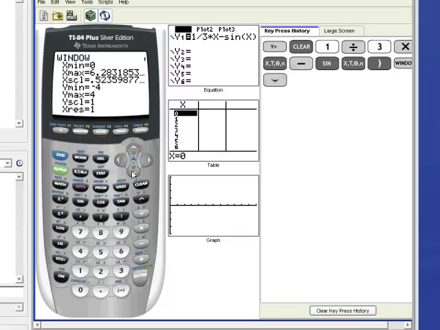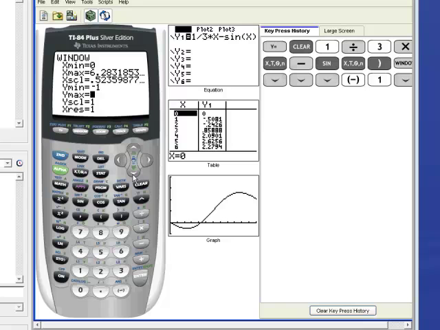My y minimum doesn't even have to be that small. Could be actually -1. I'll do -1. And then I'm going up quite high to y equals 2. So I'm going to make this 3 here. And then we'll see what we get.